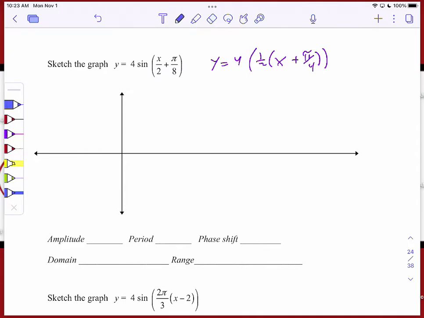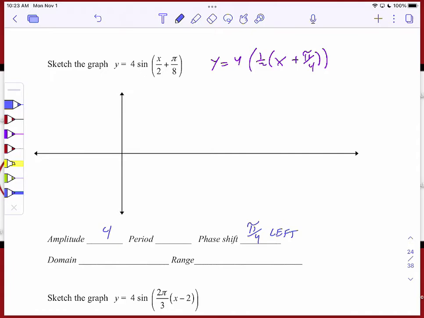Then I would go down here and I would say, okay, amplitude is 4, period I haven't figured out yet. The phase shift is pi over 4 to the left. Domain and range I'll fill out later.